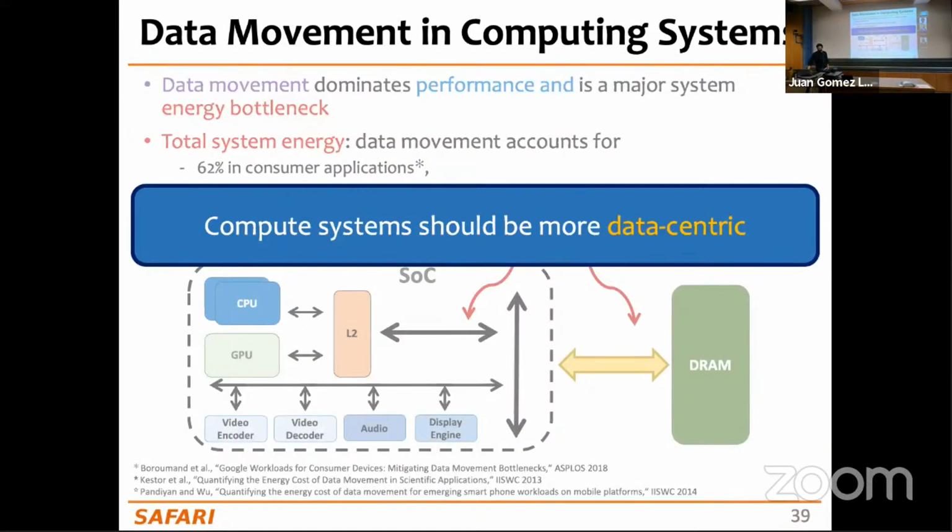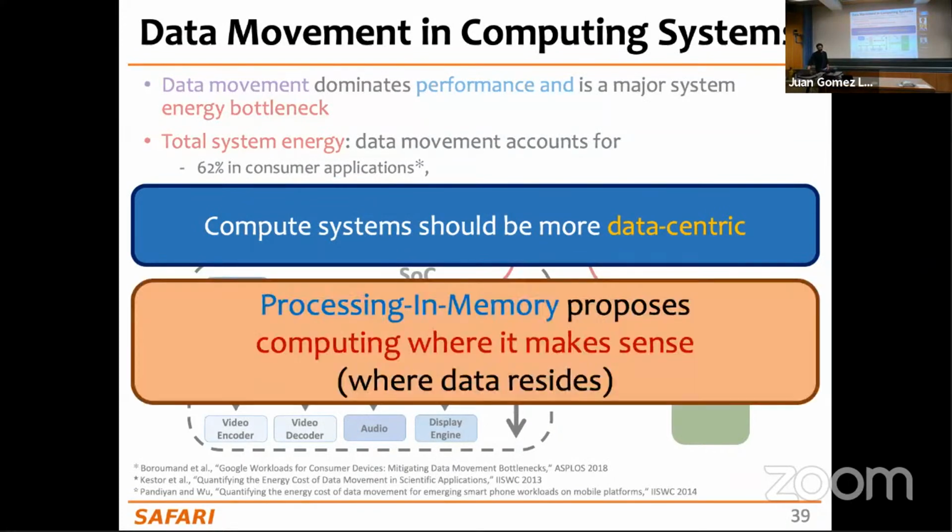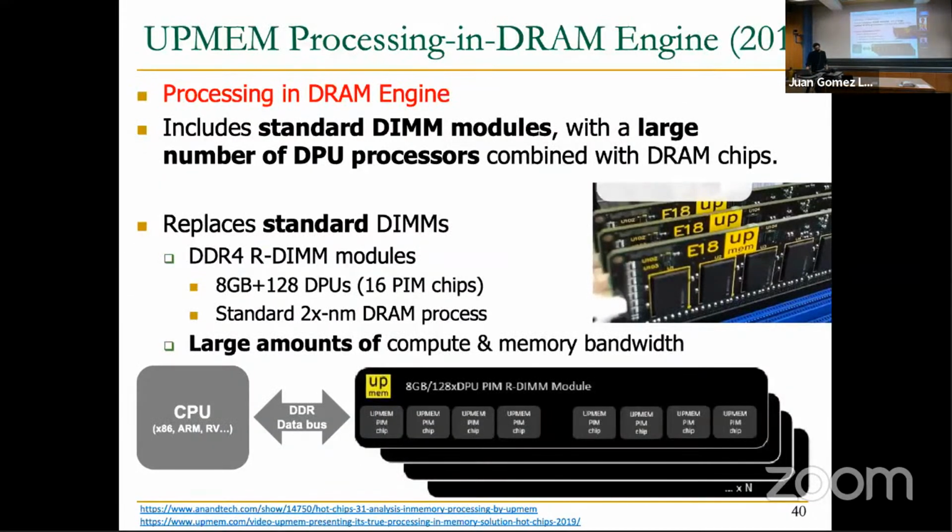So the goal here is to make compute systems more data-centric, as you know, and processing in memory is the way of doing it. And this is again the picture from the slide that you have seen before, with the UPMEM DIMMs containing a number of chips, typically 8 or 16, and inside each of these chips is where we have memory arrays, as you will see, and DPUs, DRAM processing units.